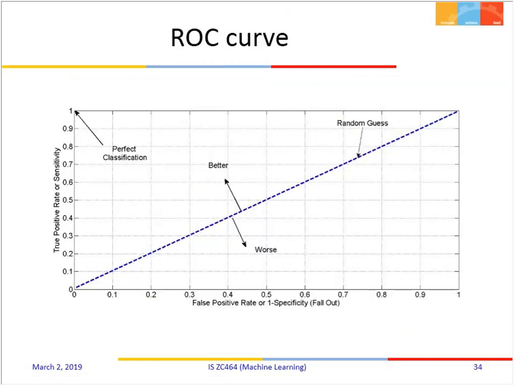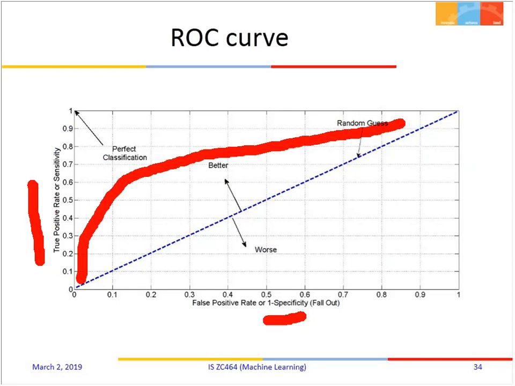Let us look at the kind of ROC curves we can have. If we have a kind of plot between this 1 minus specificity, fallout, and true positive rate, then we are likely to get curves like this, right?